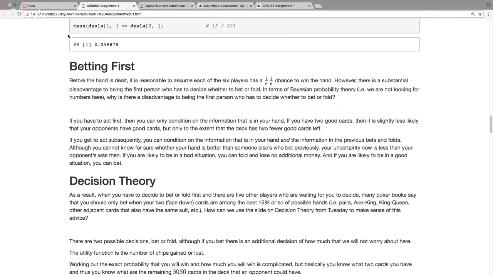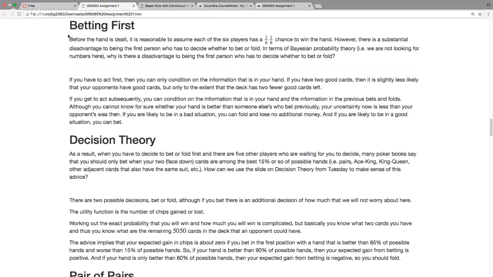So like I was alluding to at the beginning, poker is really about conditioning on the information that comes from the other people's bets. And if you have to go first, then there's no information available from the other people's bets yet. And so you can only condition on the information that you have in your hand. And that's not nothing.